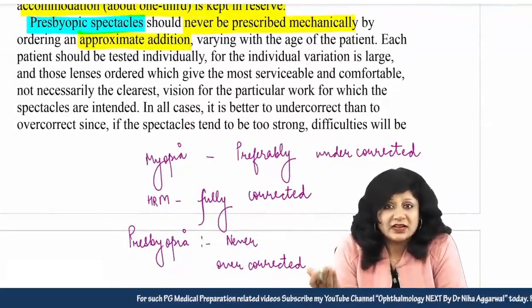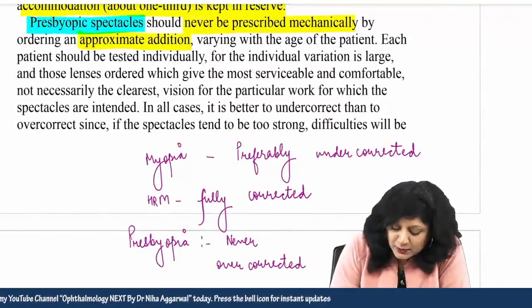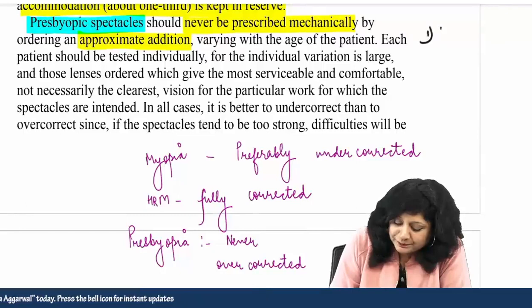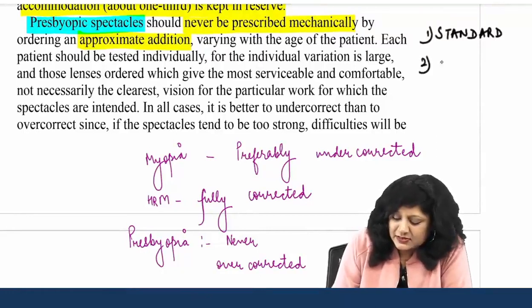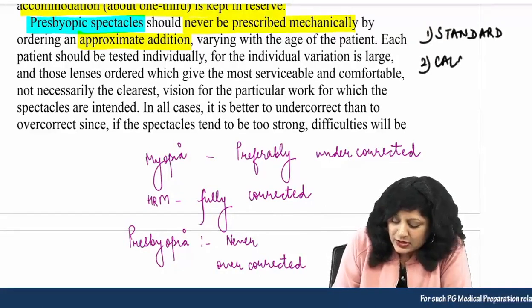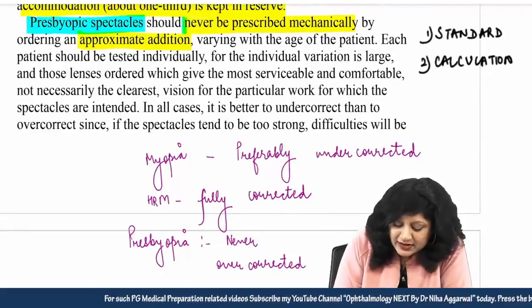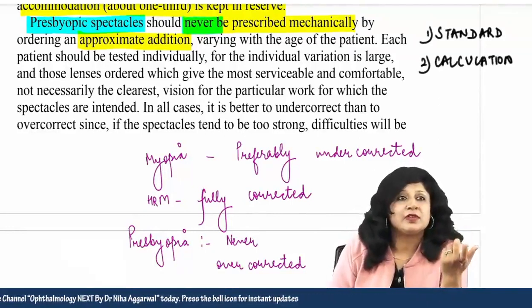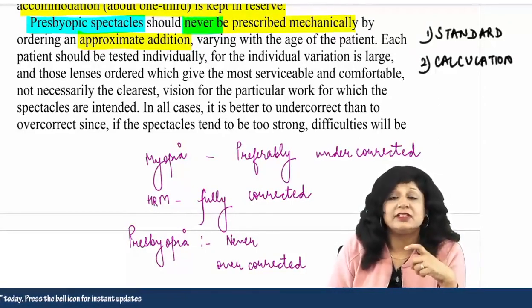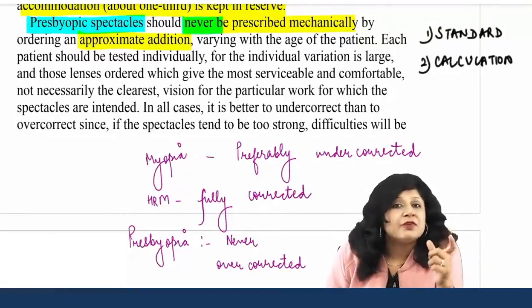Though we read that presbyopia can be corrected by two methods, one is the standard correction according to age, and the second is by actual calculation. But they are saying that it should never be prescribed mechanically, just by ordering it according to age, because we always have a fear that this will end up overcorrecting presbyopia, and we should never overcorrect it.